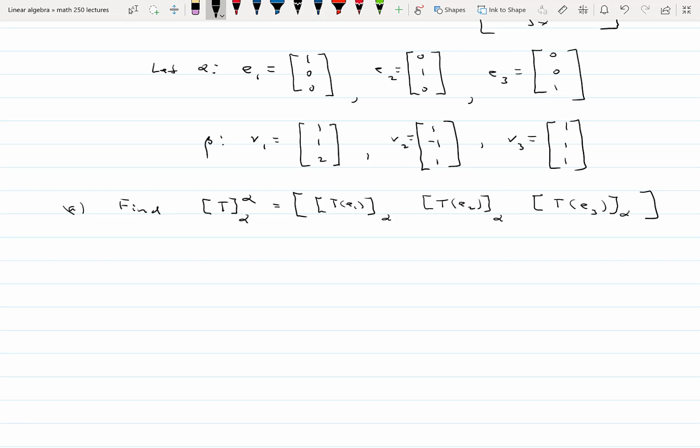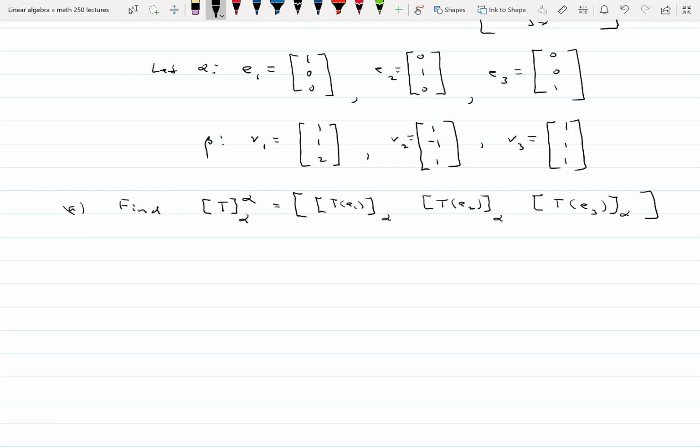Just the definition that we had about 3 or 4 minutes ago. So the first thing we need to do is figure out the action of the transformation on the standard basis vectors and write them in terms of the standard basis vectors.